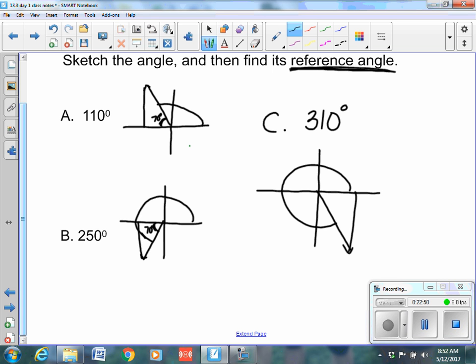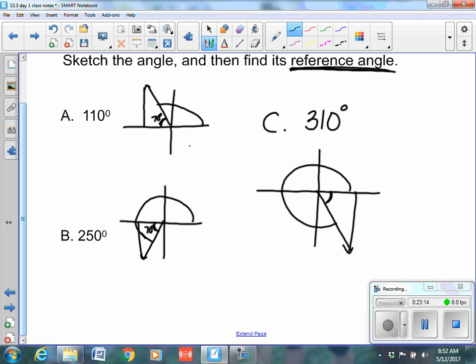Okay, this angle right here is called the reference angle, and let's see how you think you come up with this reference angle. If this is 310 to here, doesn't the rest of it make 360? So isn't this angle the rest of a full circle?